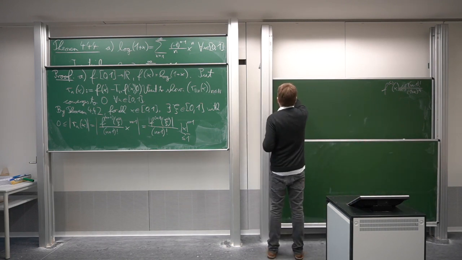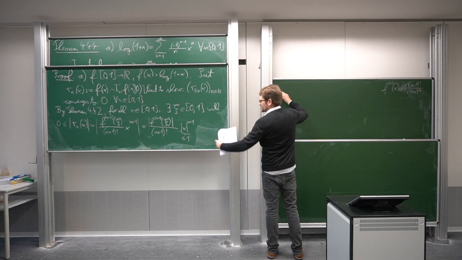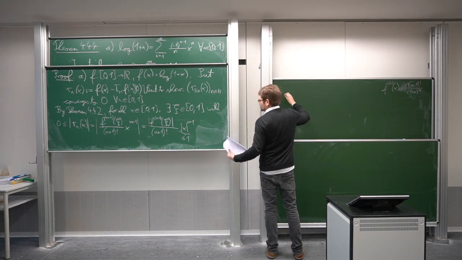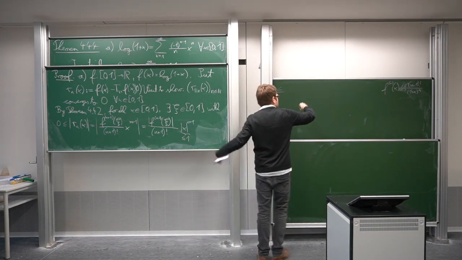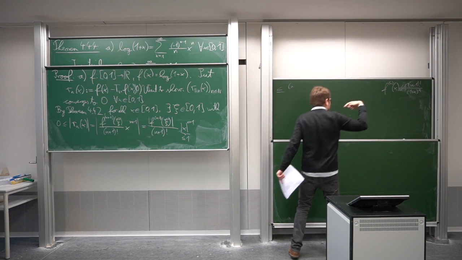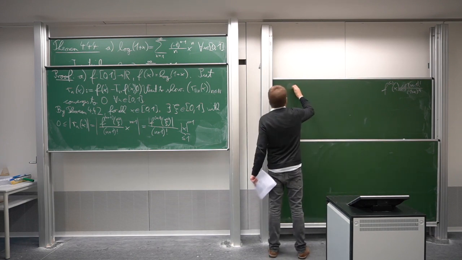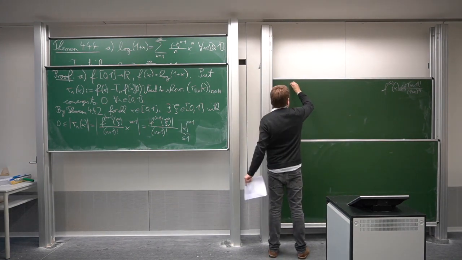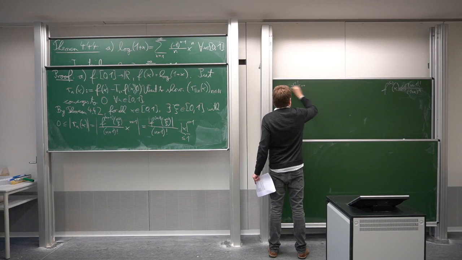And so we get that this is smaller than or equal to, and now we insert this formula at that point. So we have n minus 1, here it's n, so we have to shift in degree by 1. So we get, for this fn plus 1 of psi, this is n factorial divided by 1 plus psi to the n plus 1 divided by n plus 1 factorial.